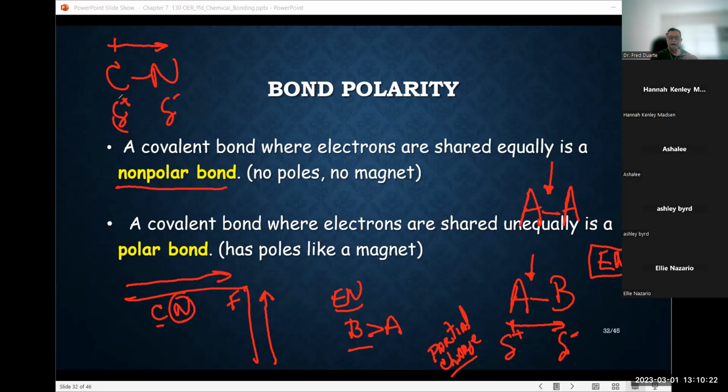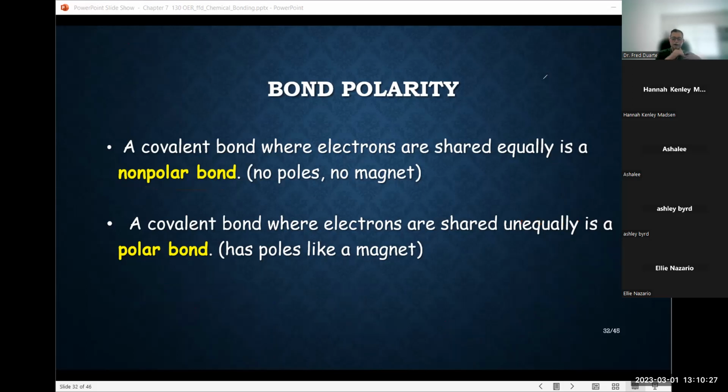Now, bond polarity is very important in chemistry, because without a polar bond it is difficult to make new compounds. As an organic chemist, whenever we wanted to design a compound or change a compound, put new groups on it, we always looked for polar sites, because we knew that at those sites is where the chemistry can be changed.